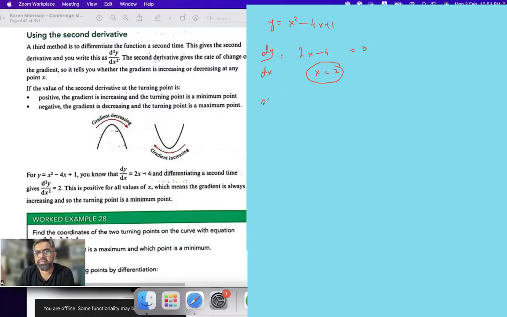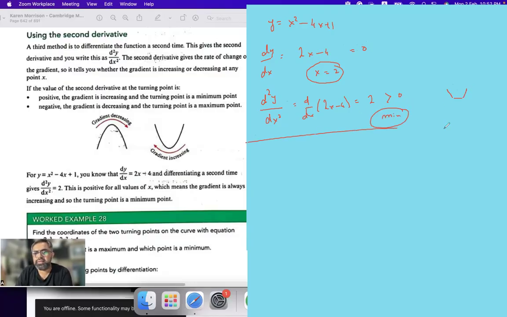Whether it's minimum or maximum, we look at the rate of change of slope, whether slope is increasing or decreasing, using the second derivative. So d by dx of 2x minus 4 is equal to 2. 2 is positive. It means slope is going from negative to 0 and then to positive. So this is a minimum point, right?